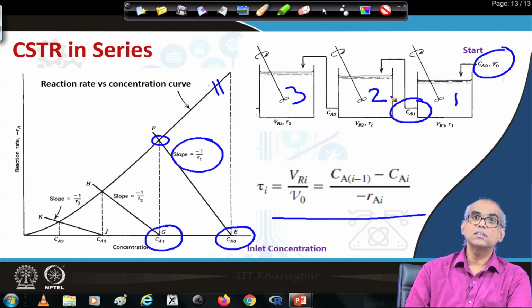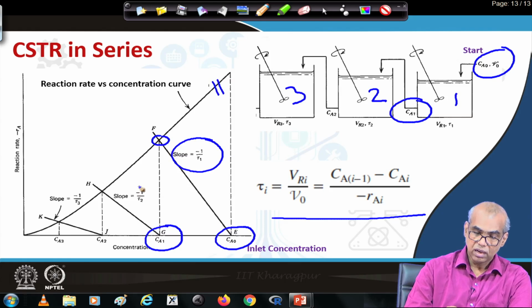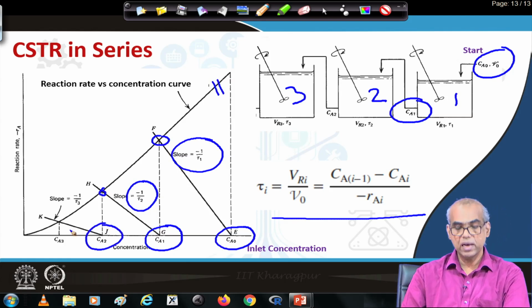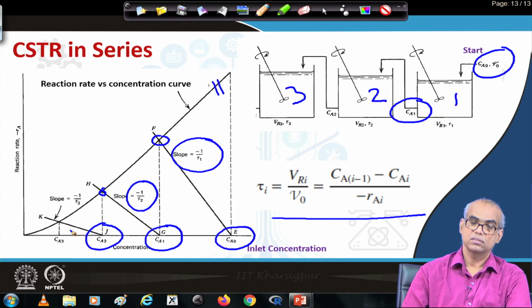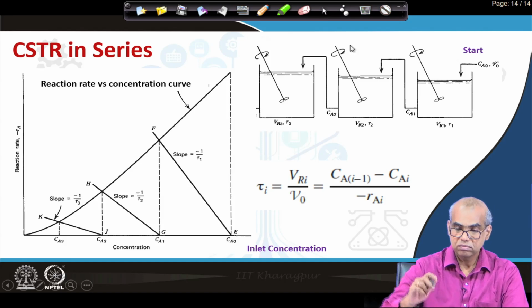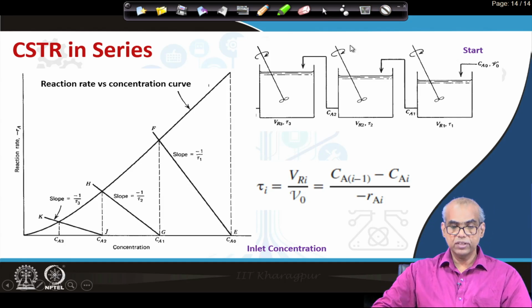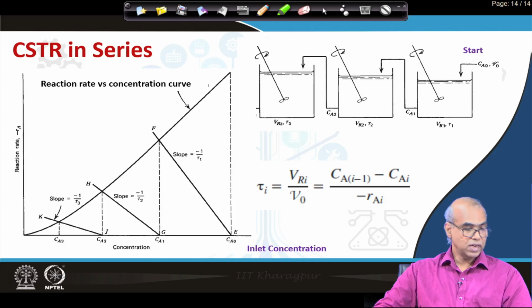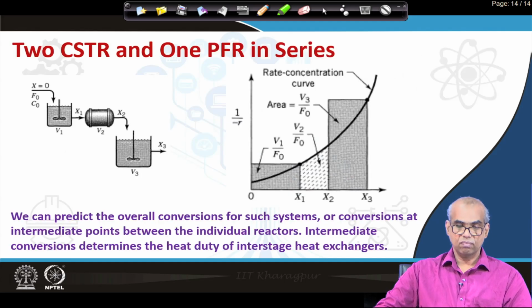Again from Ca1, you draw a straight line with slope minus 1 by tau 2 and you get Ca2. Similarly, you also get Ca3. So, this way graphically you can solve for concentrations for a cascade of CSTRs in series.